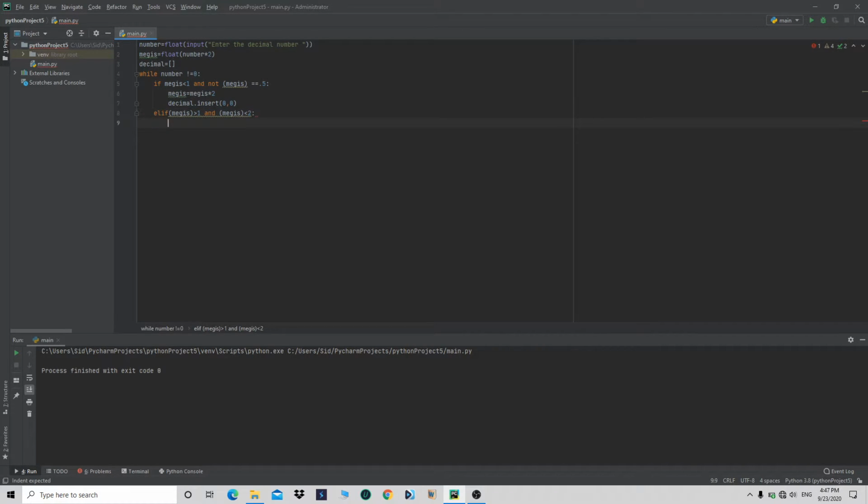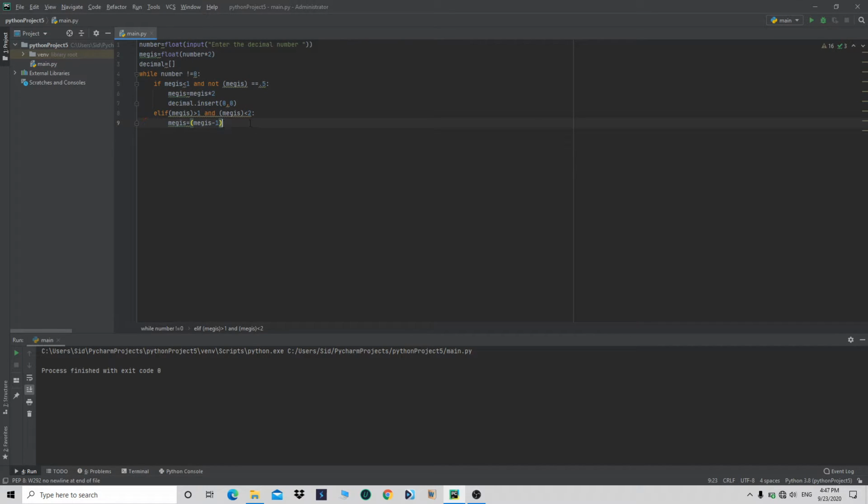I'm going to put a colon, write the statements, and then we're going to modify the number to the number minus 1. We're going to subtract 1 from it.